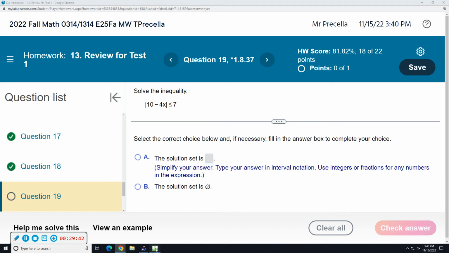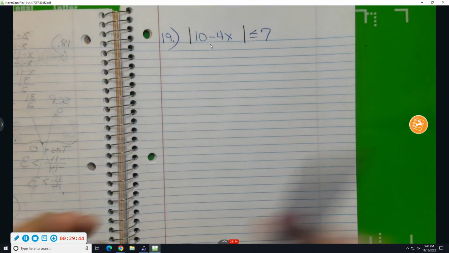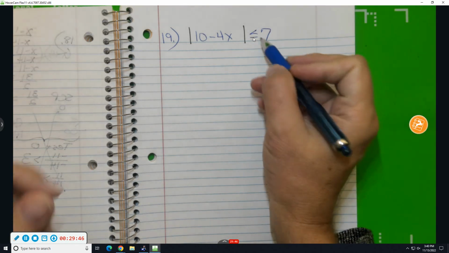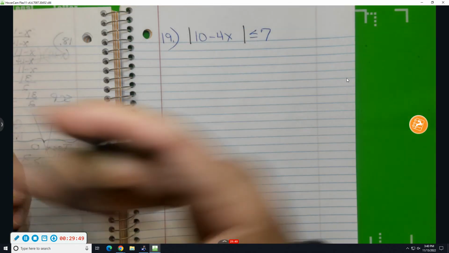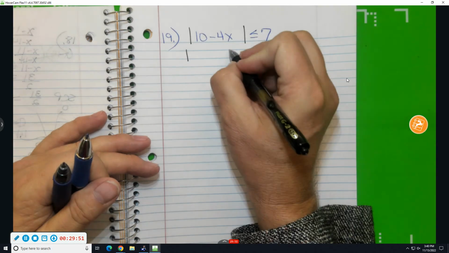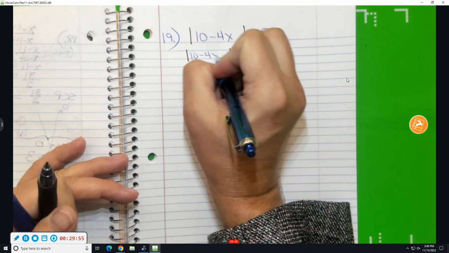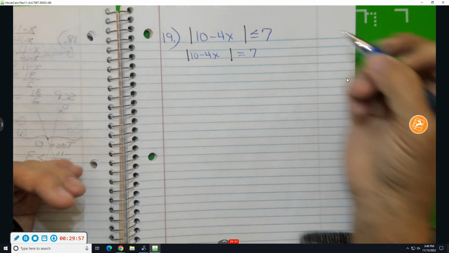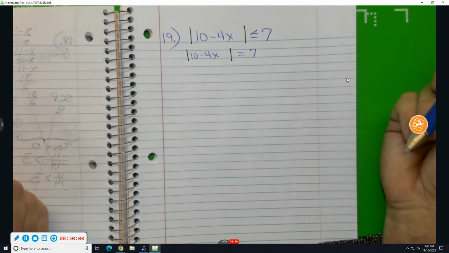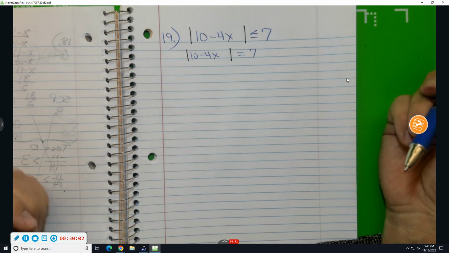So first thing we do, we replace the inequality with an equal to. That's the absolute value of 10 minus 4x equals a positive 7. Which numbers have an absolute value of positive 7?